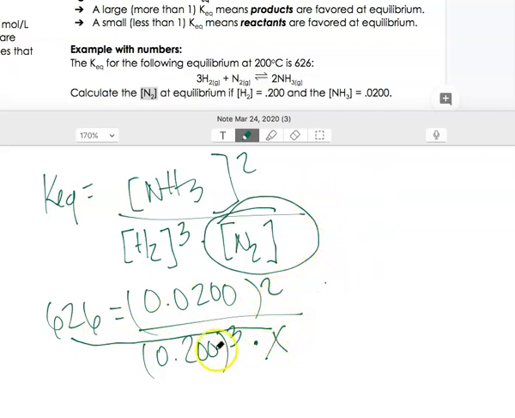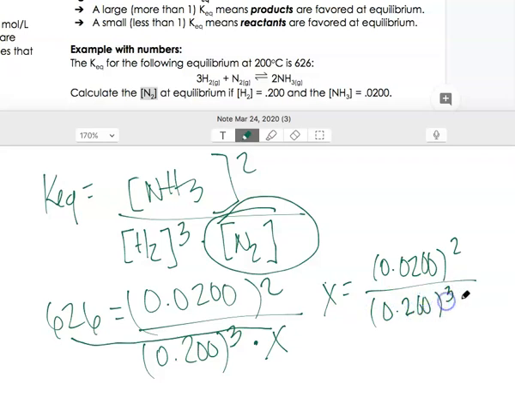So I'm going to swap x and 626. So x is equal to 0.0200 to the second power over 0.200 to the third power times 626.